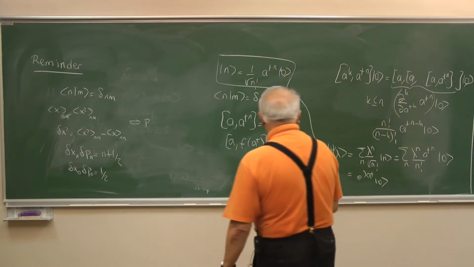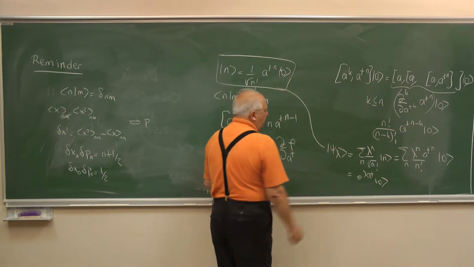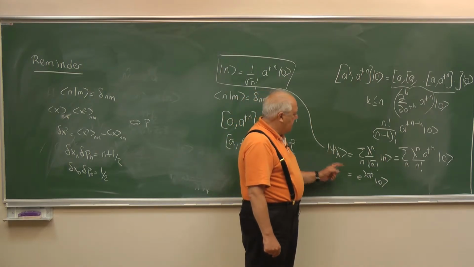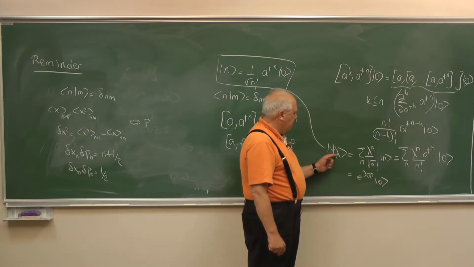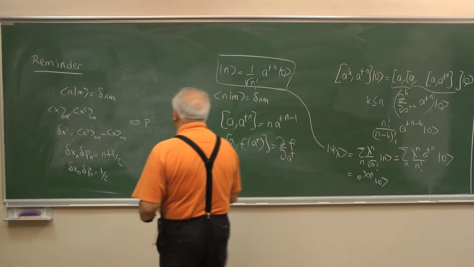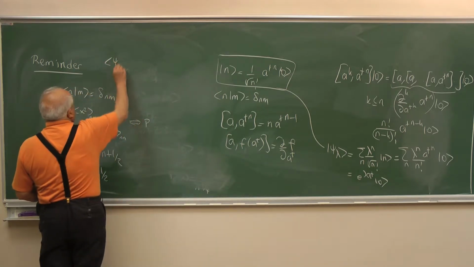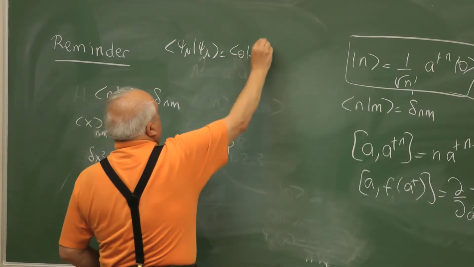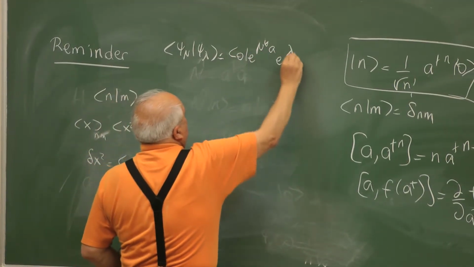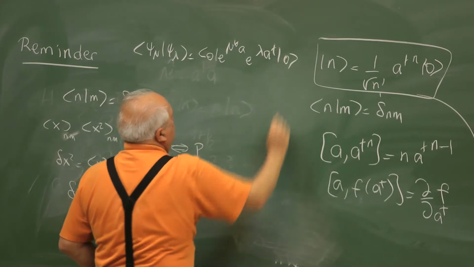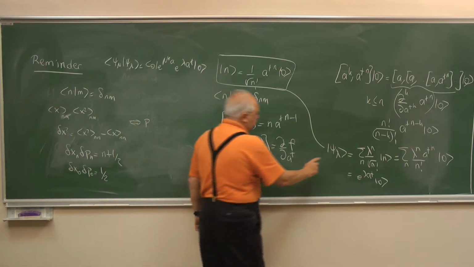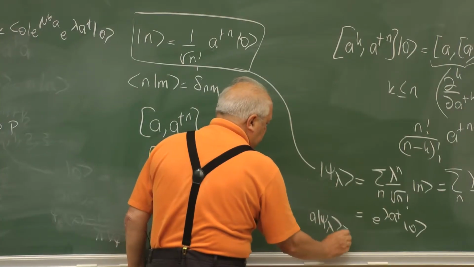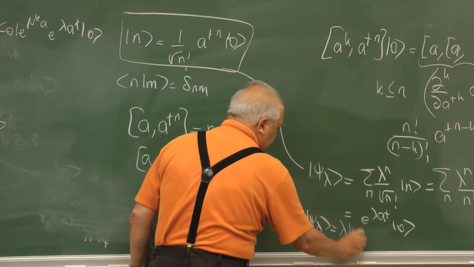Today, I want to focus on this psi lambda, because it's a very interesting state. This is not normalized. <psi mu|psi lambda> is <0| e to the mu star a e to the lambda a dagger |0>. And the important property of this is that it is an eigenstate of the destruction operator: a psi lambda equals lambda psi lambda.